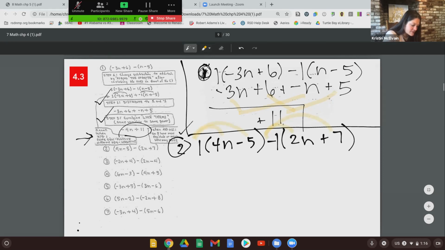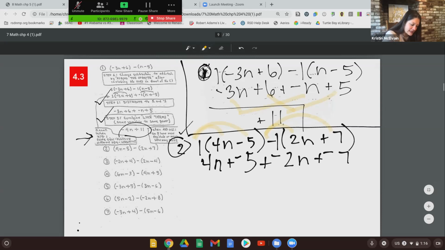So that gives us 4n, then 1 times a negative 5, negative 5. Negative 1 times 2n gives us negative 2n. Negative 1 times a positive 7, they're different signs, so then we have negative 7.